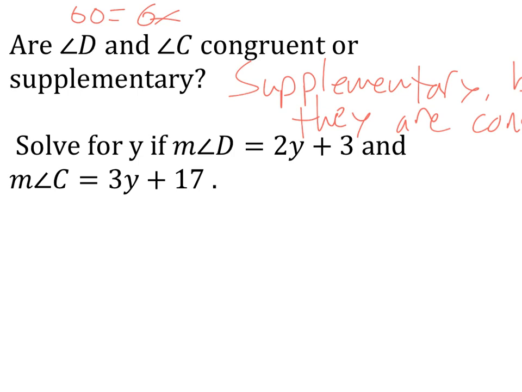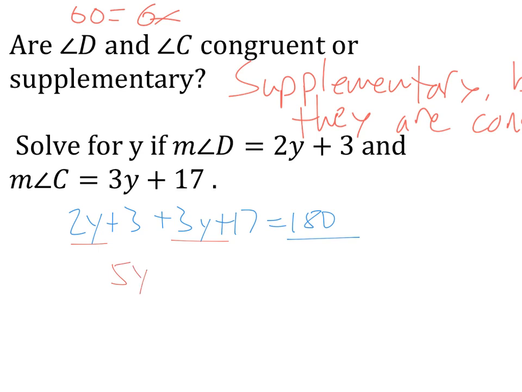So these guys add up to 180. We've got 2y plus 3 plus 3y plus 17 equals 180. They're supplementary, which means they add up to 180. Okay, let's combine like terms. Don't try subtracting from both sides yet. Combine those like terms. We've got 5y. 3 plus the 17 is 20. Now let's subtract.